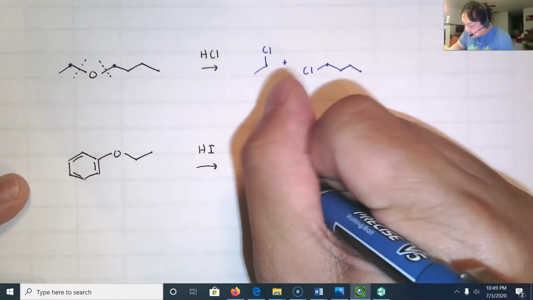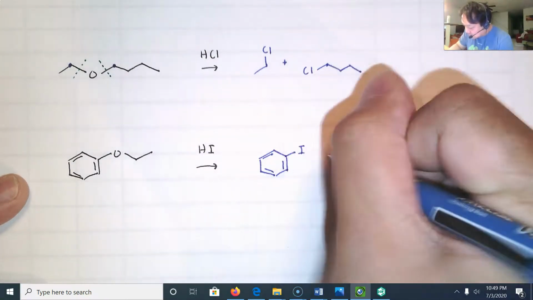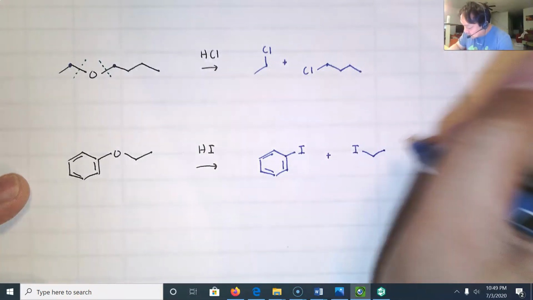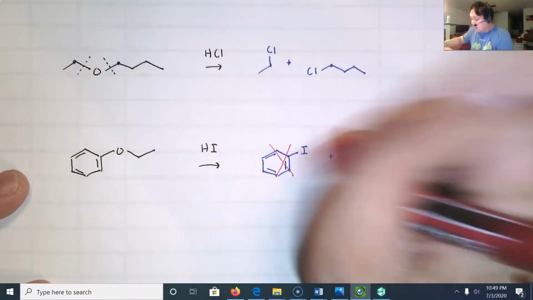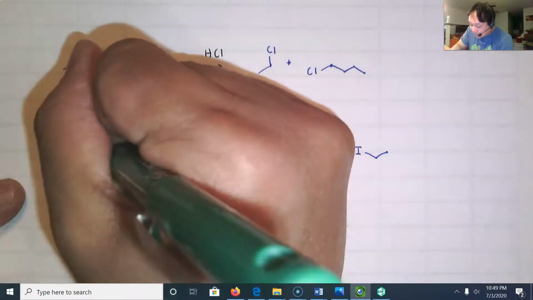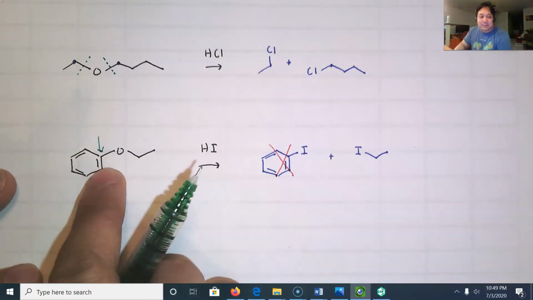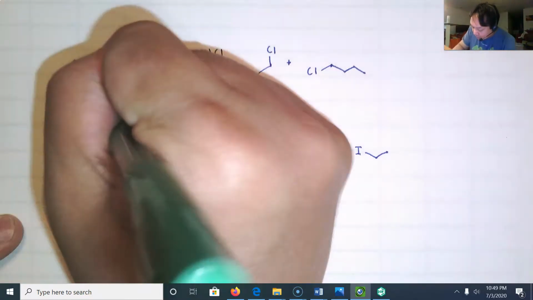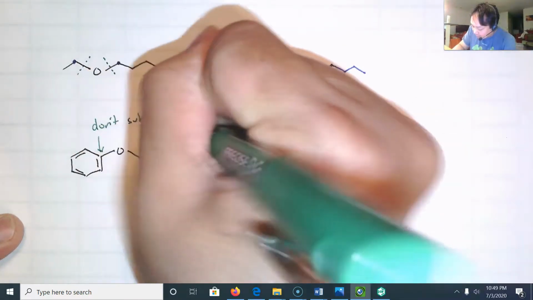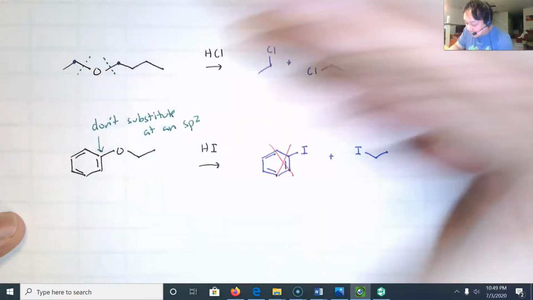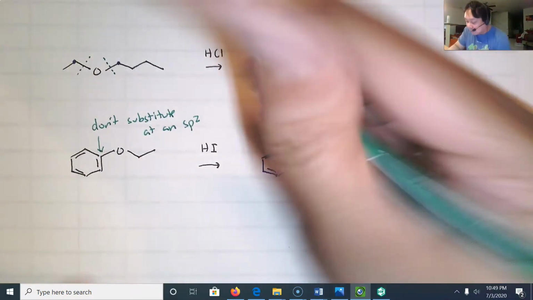You might think that your two products are this, but this is not a product, because there's a rule that we learn in Organic Chemistry 1 that you don't substitute at an sp2 carbon. We'll learn ways to do that later, but for now, this will not cleave this bond over here.